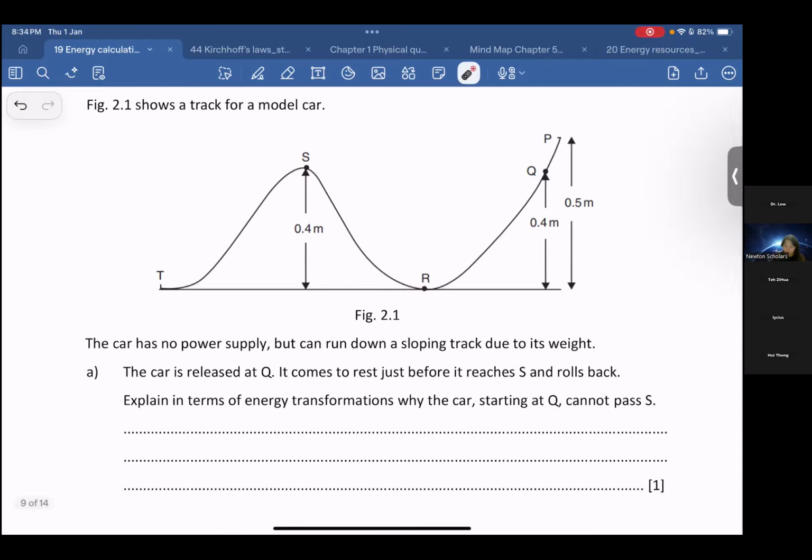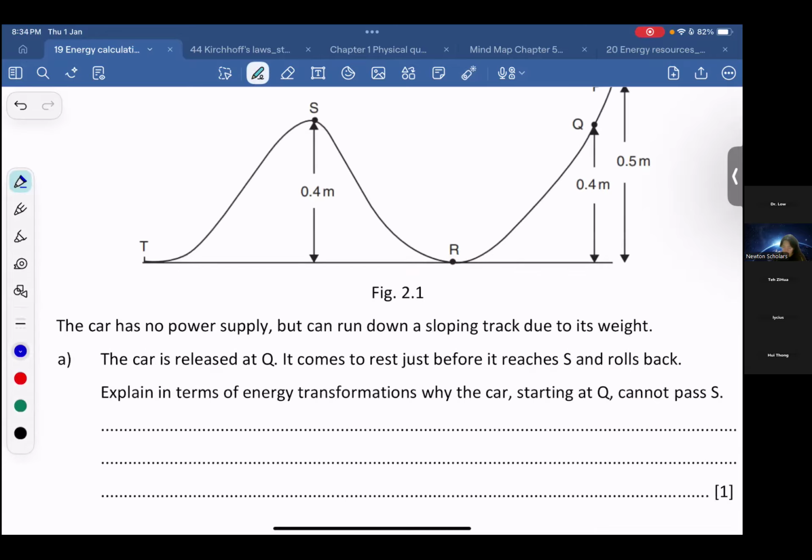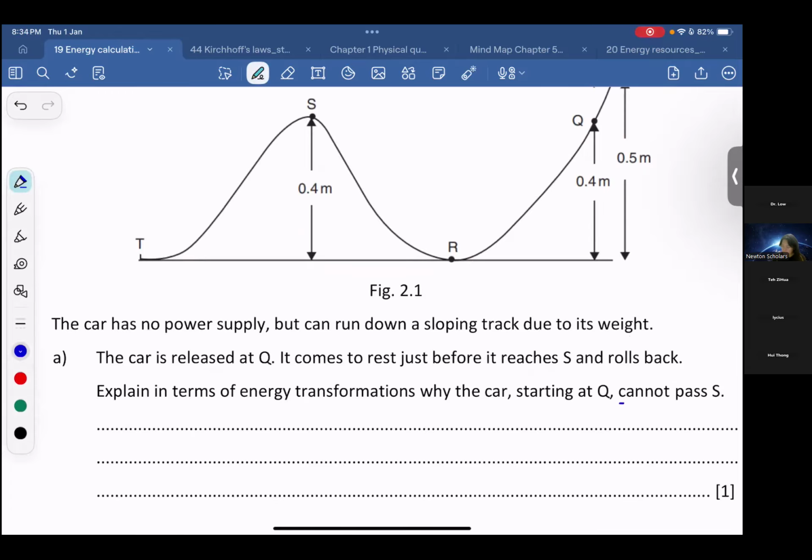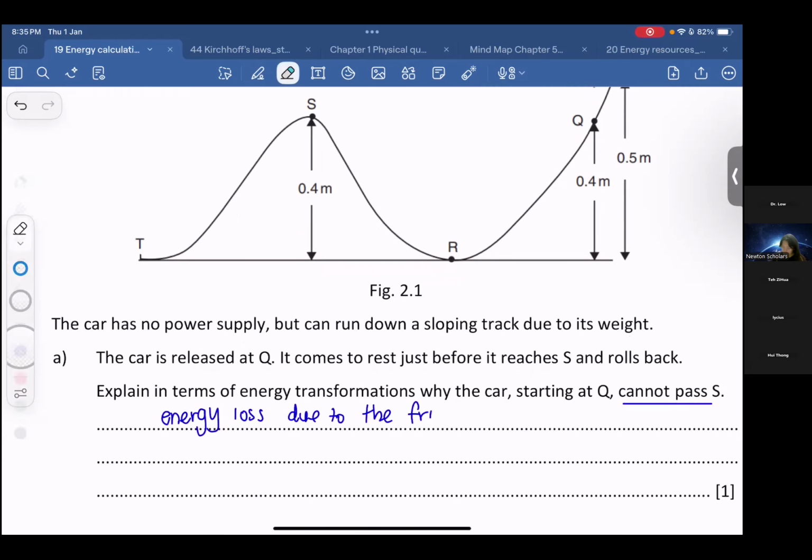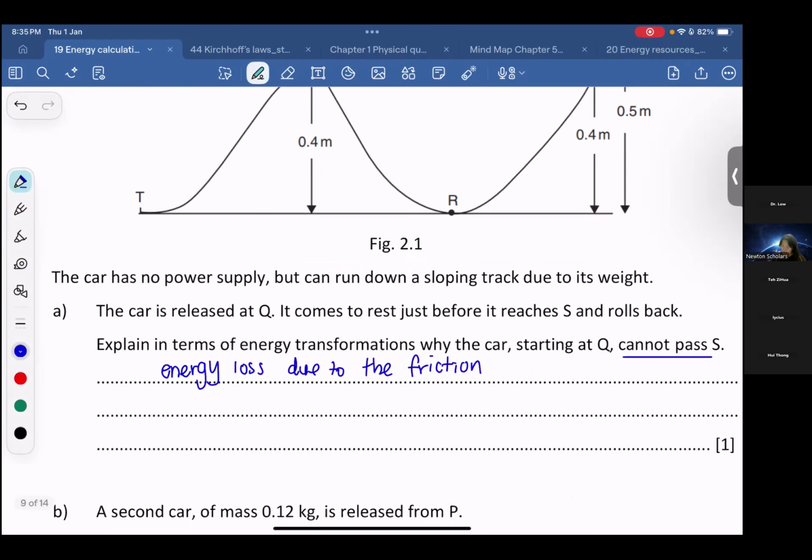So for this one, in terms of energy transformation, why cannot it pass? Because energy is lost due to the friction. Yeah, that's all.